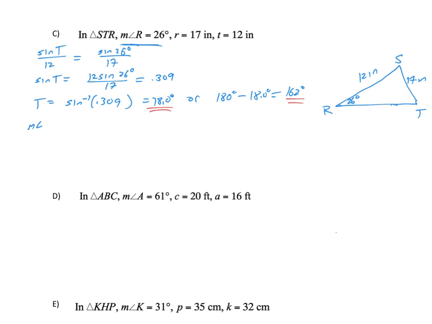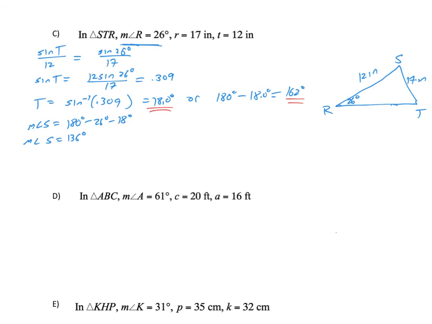So the measure of angle S for the acute angle for T would be 180 minus angle R, which is 26 degrees, minus angle T, which is 18 degrees. That turns out to be 136 degrees. And then let's figure out if we actually have a second triangle.